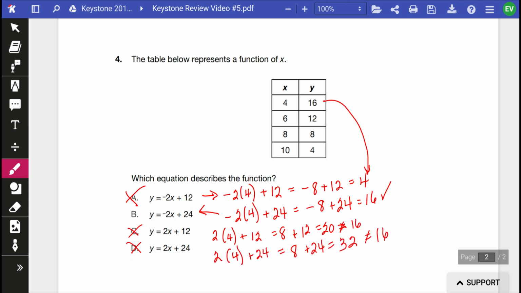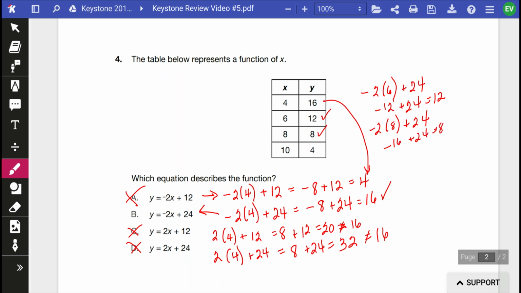And then if we look at all the other lines in our table, let's just verify. So -2 times 6 plus 24. -2 times 6 is -12 plus 24 equals 12. So 12 works. -2 times 8 plus 24, that's -16 plus 24, which is equal to 8.